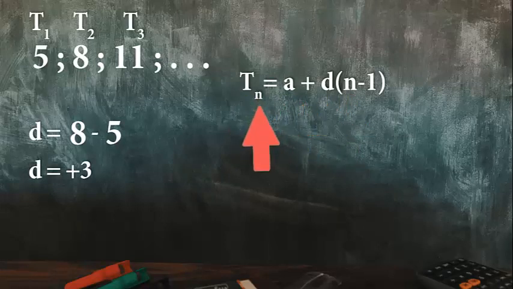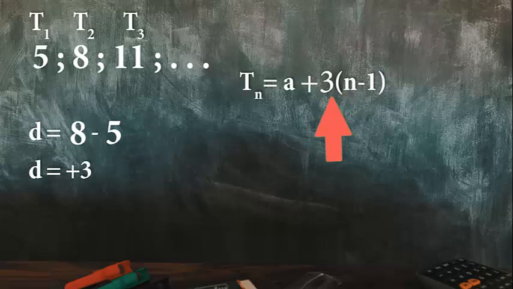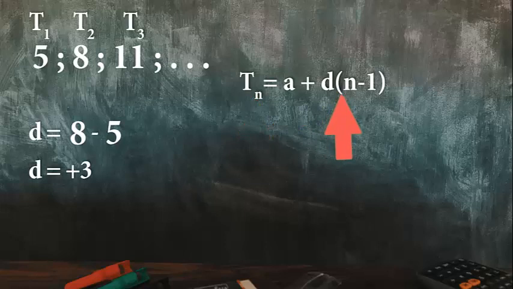So the term in the unknown position is equal to a. Now this a is term 1. It's this 5. And then plus d, which is our constant difference, and in brackets, we've got n minus 1 and we close the bracket. Now that n is the unknown position because we want to calculate the values in unknown position and we don't know what that position is.